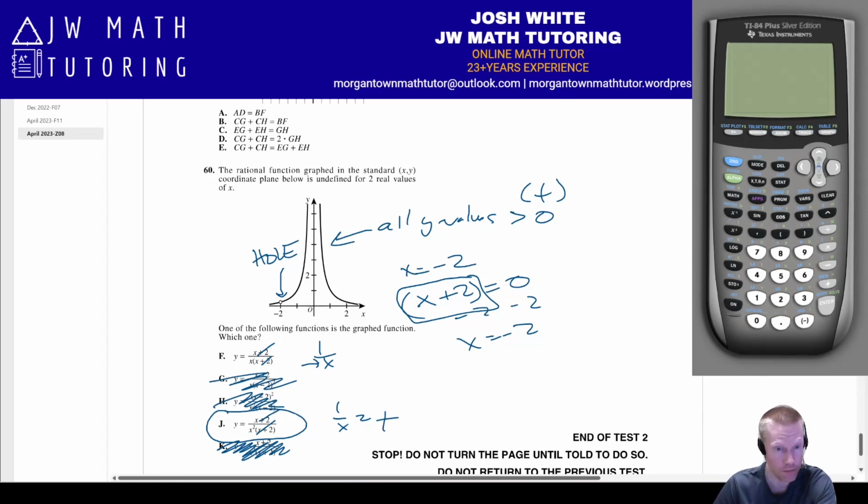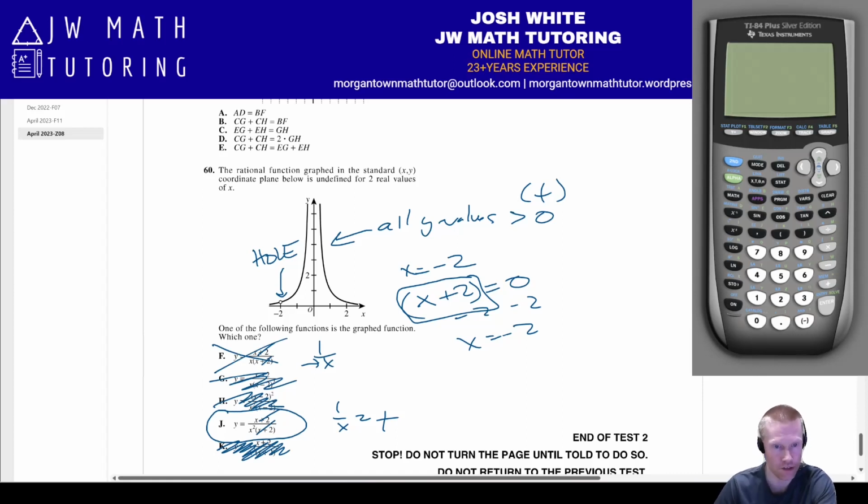So all the values are going to be positive for J. Therefore, that's how we know it looks like this instead of F, which is going to look different because it's going to have negative y values, or points with y coordinates that are negative. In other words, there's going to be some part of the graph that's below the x-axis, but that is not what we have. Therefore, it has to be J because all of the y values are above the x-axis.